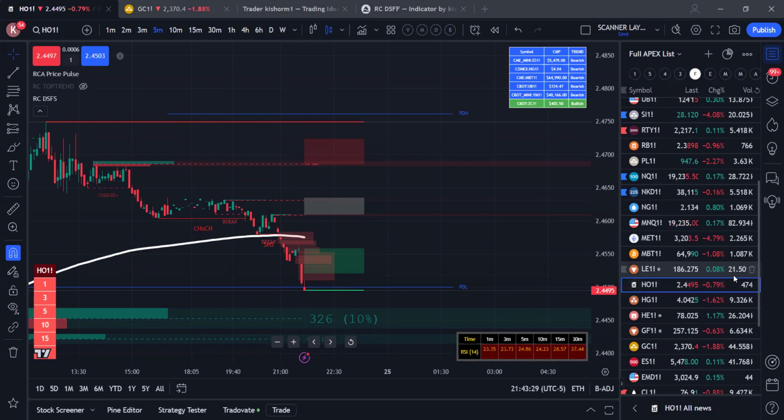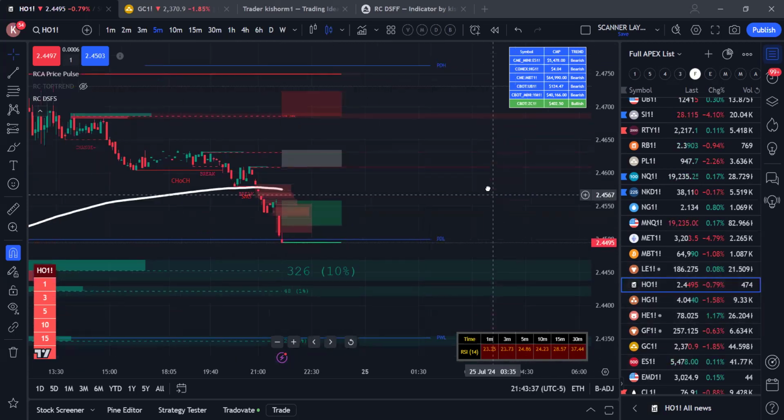Volume is very less for heating oil. So if volume is less than 1000, 2000, better you ignore those during these hours.